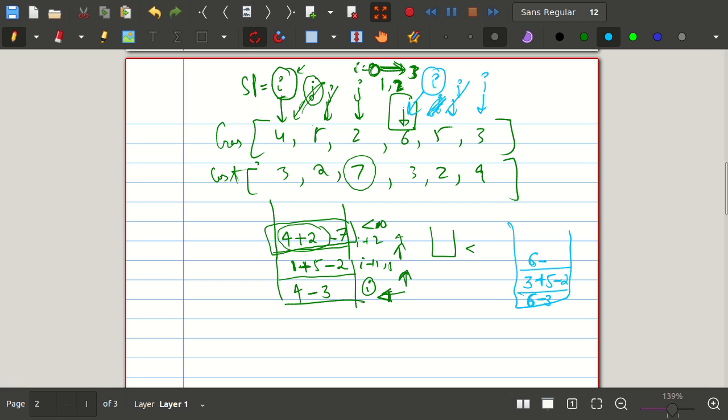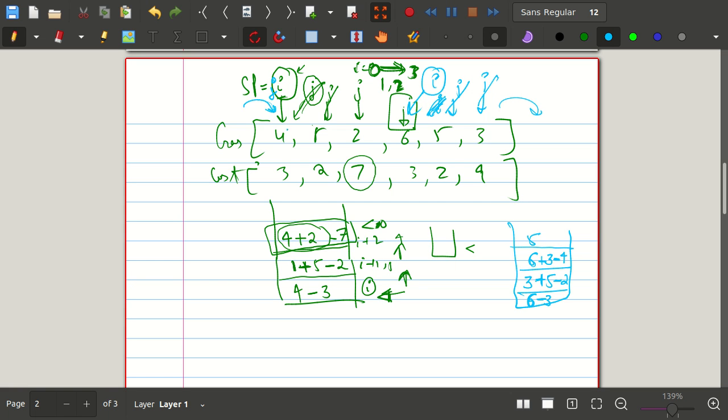Now I can fill my tank with index 3, 9, and it will take me 4 amount of cost to reach the next index. That means as there is no next index, I have to move my jth pointer to 0. So 6 plus 3 minus 4 is 9 minus 4 is 5.